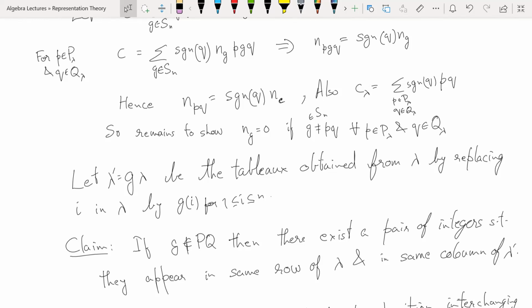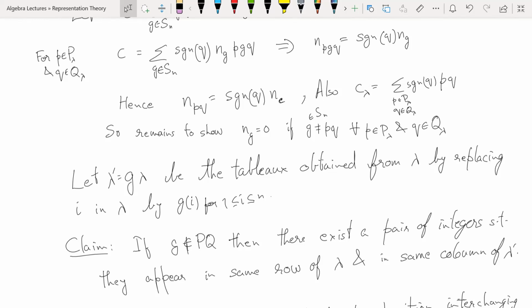This claim we will prove, but assuming the claim, we will show that n_g is indeed 0 if g is not of the form pq.